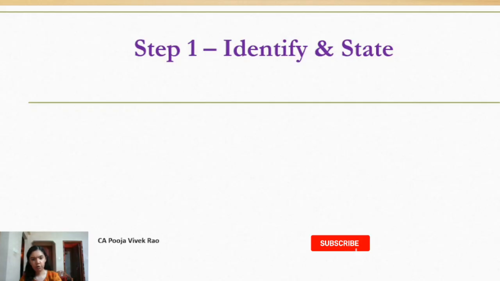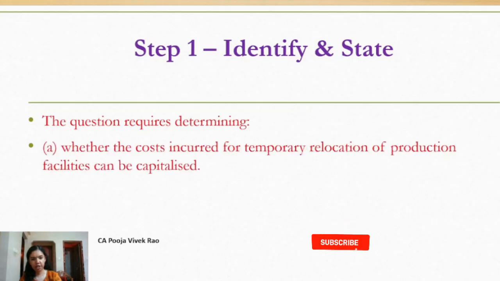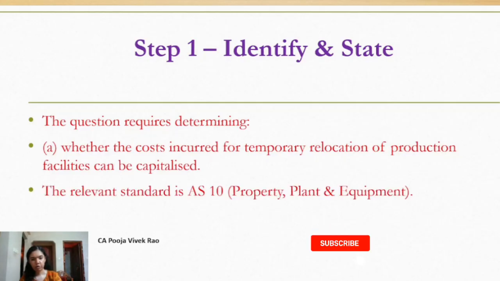The question requires determining whether the cost incurred for temporary relocation of production facilities can be capitalized. So this is the issue here. And the relevant accounting standard here is AS 10, Property, Plant and Equipment. Identifying the issue and then stating the accounting standard name and number, this will be our first step.